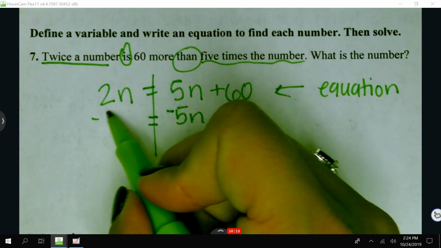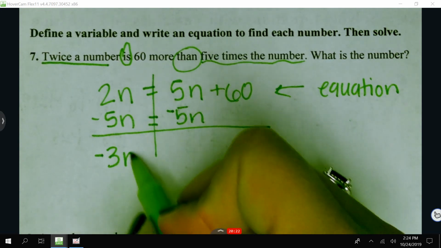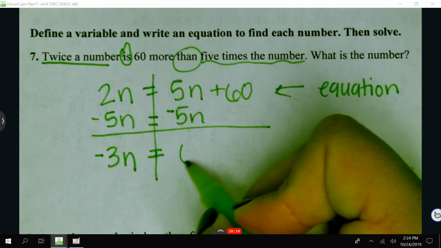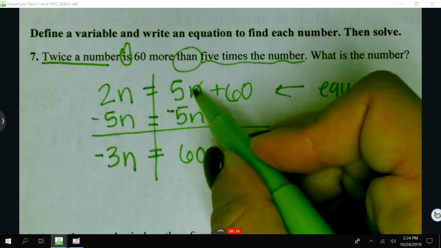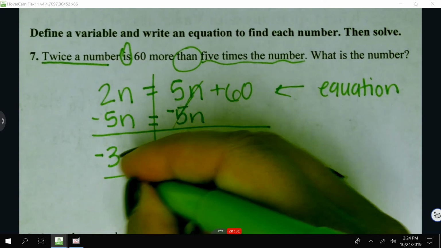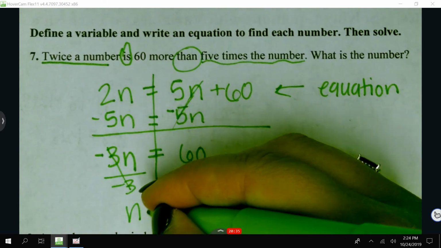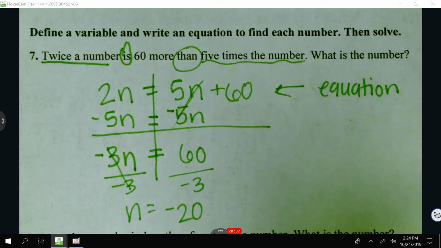Negative 3n equals 60. Then I divide by negative 3, so what should n equal? Negative 20.